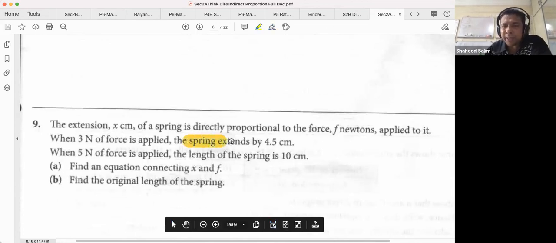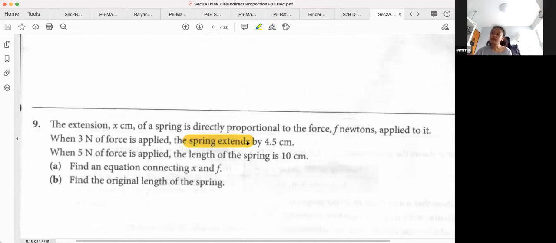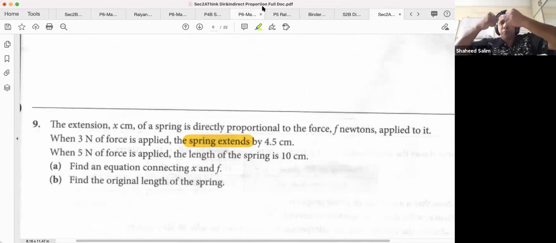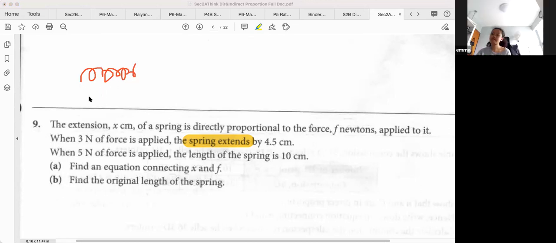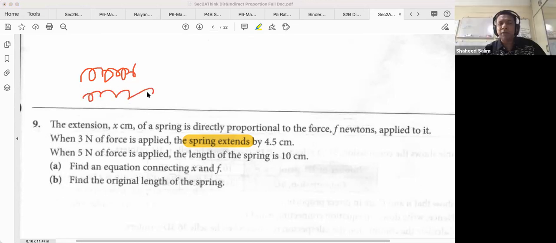This spring extends. You imagine the extension of a spring. Okay, someone is pulling a force. There's a spring. So when we talk about spring extension, it is like this. Let's say this is the original length. So when it goes like that, this is the extension.